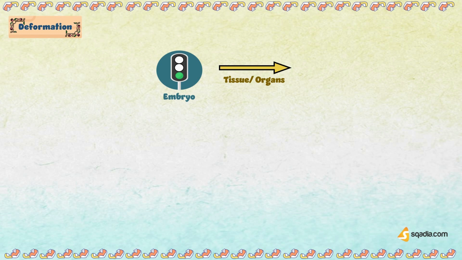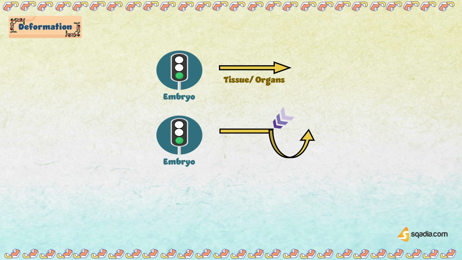Now, structure forming normally, represented by green traffic light. Then, the extrinsic defect occurs in fetal life that will alter the structure. Now, the altered structure is represented by red arrowhead.